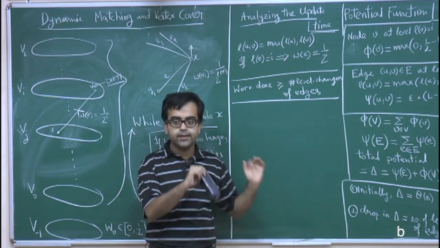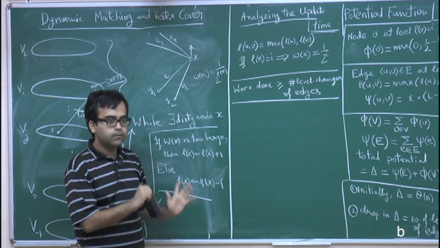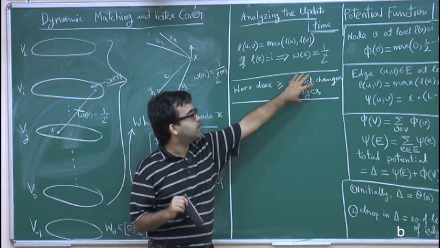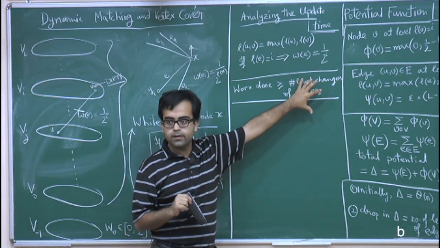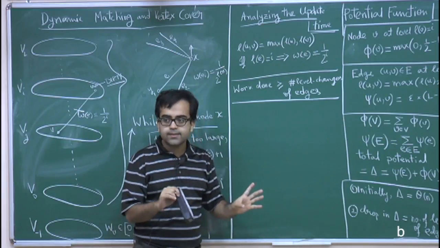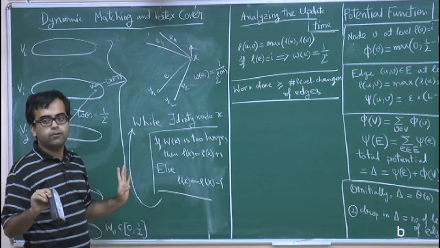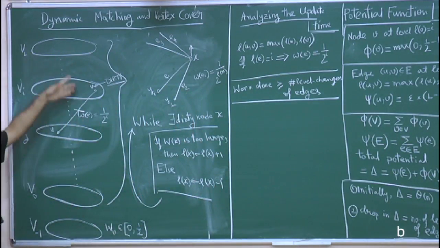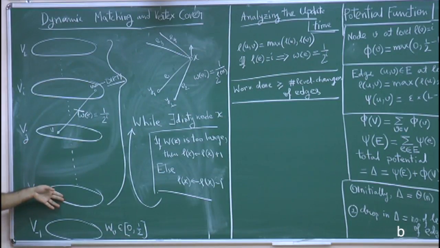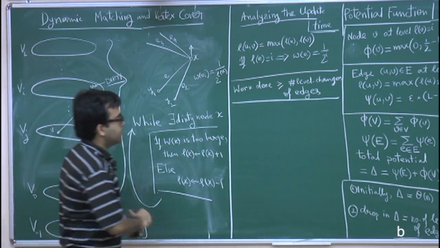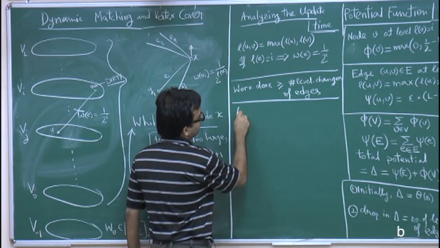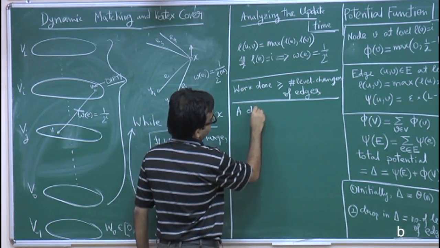The first thing is to design a data structure which does work that is proportional to the level changes of edges, and once you have designed that data structure, forget about the data structure altogether. Just look at this combinatorial process, what is going on, and in this process just try to bound the number of times the levels of an edge changes. Is this clear? Okay.